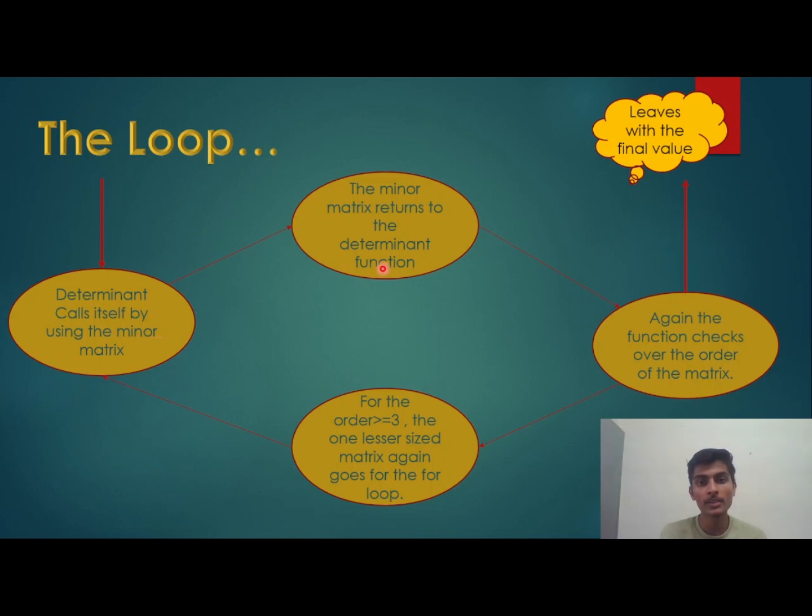The minor matrix will return to the determinant function again, and then again the function will check that the minor matrix order is 1 or 2, then it's a simple case and leaves with the final value. But again for the greater than or equal to 3 case, the lesser size matrix again goes for the loop, and again it continues until it converts into some sum of 2 by 2 matrices, and it will leave with the final value.